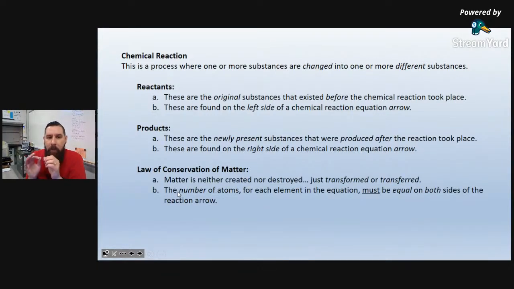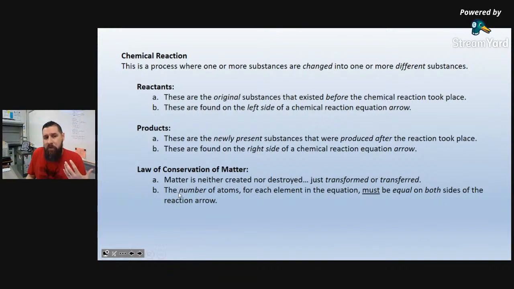Okay? And what it means in terms of a chemical reaction in balancing equations is that the number of atoms for each element in that equation must be equal on both sides. For example, if I start with 5 carbons, then I have to end with 5 carbons. If I start with 8 hydrogens, I have to end with 8 hydrogens. That's how we conserve mass.